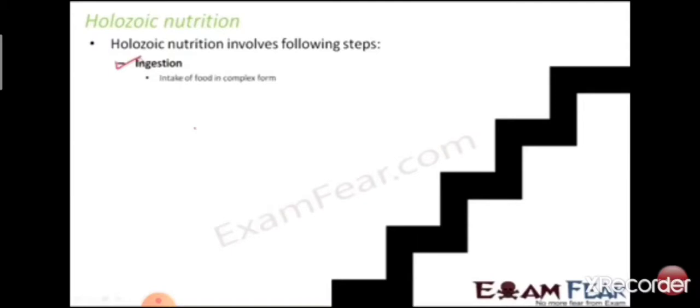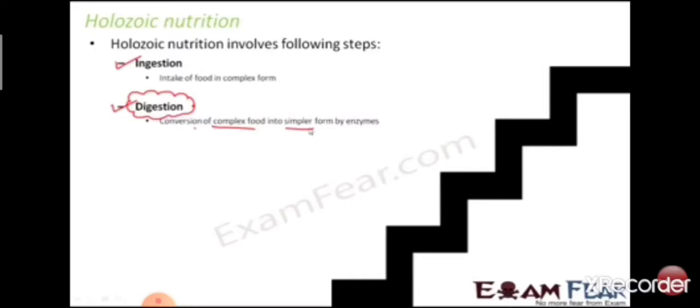Next is digestion. This is a very important step because this is the step during which the complex food is broken down into simpler form, and this process is not that simple. So there are lots of enzymes which help in the breakdown of complex food into simple form.